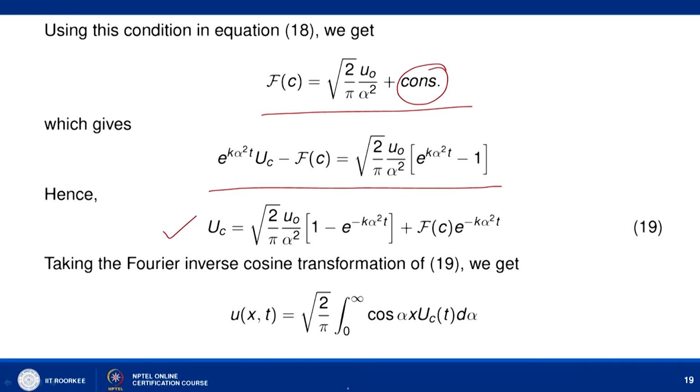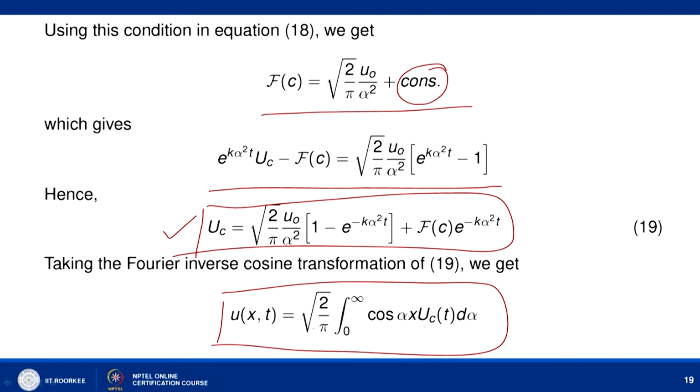We can find our solution u x t by taking the inverse Fourier transform of the expression given in equation number 19, and our solution is u x t equal to under root 2 upon pi integral 0 to infinity cos alpha x u c t d alpha. So, by putting the expression for u c t, we can find the solution for this semi infinite region when the boundary condition is given in terms of u x.